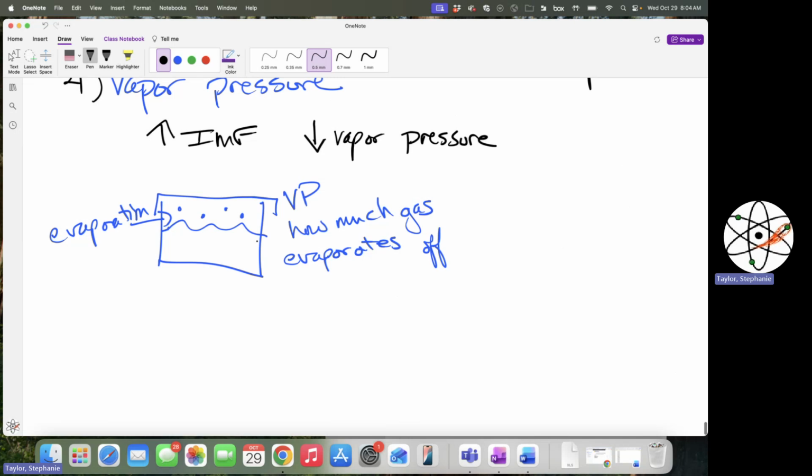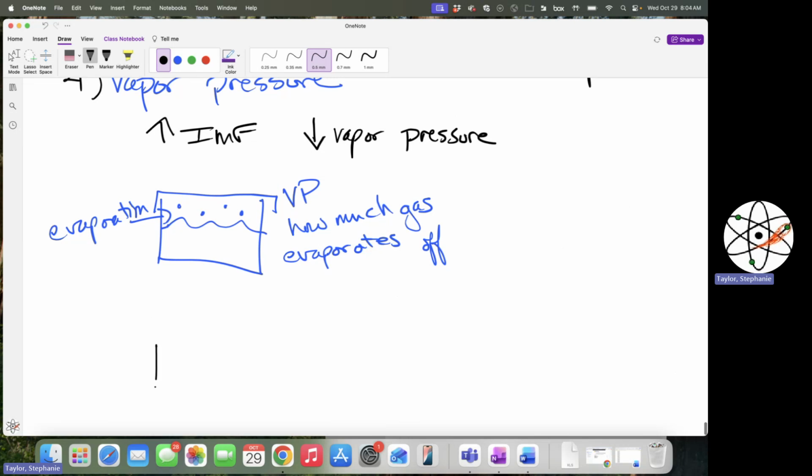If I had a smaller box, I would probably have fewer particles, but I would still have the same vapor pressure because I would have a smaller area. So vapor pressure is measuring the pressure of the particles, which is something we'll get more into in chapter 11 when we talk about gases.